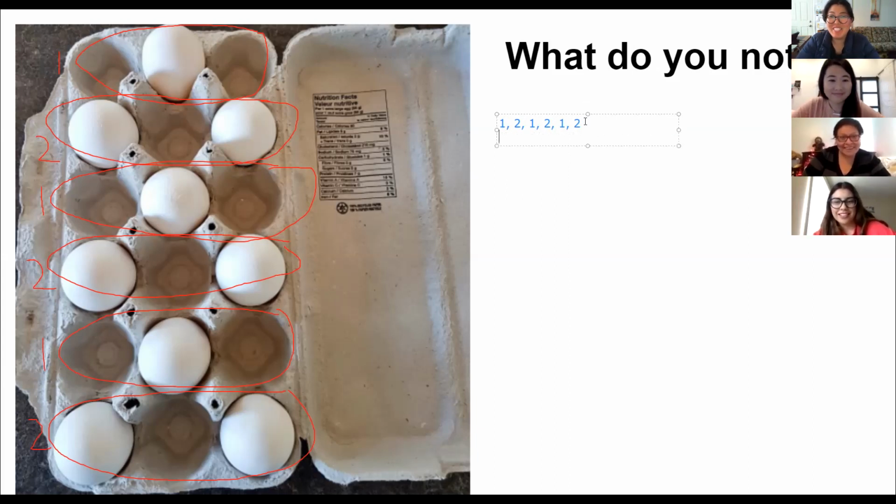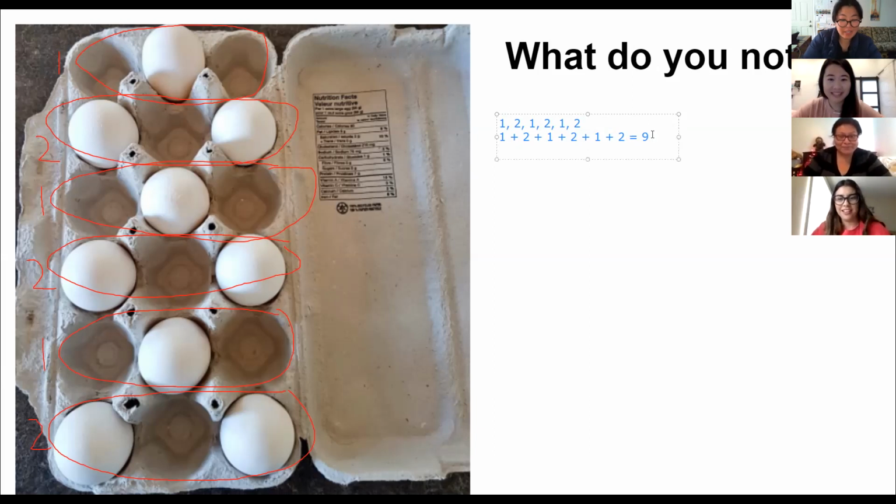I was thinking 1 plus 2 plus 1 plus 2 plus 1 plus 2. Nice. And how many is that all together? I got 9, because 1 plus 2 is 3, and then 3 plus 3 plus 3 equals 9.